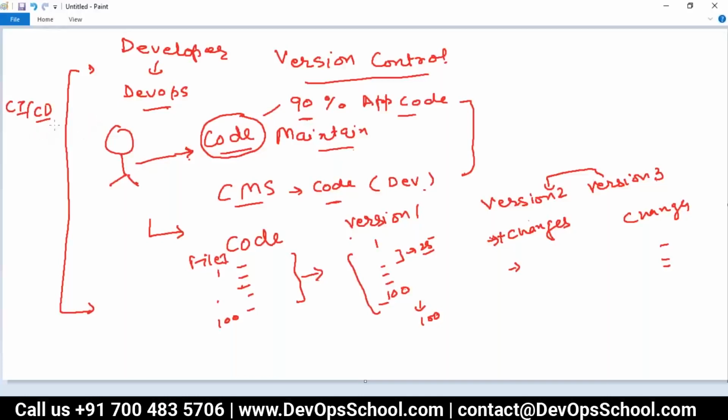But most of the time, developers are writing the code and pushing the code to the version control system, which is central and distributed, which we will talk about after you understand this. So I hope everyone understands what a version control system is and its importance. Does anyone have any doubt?